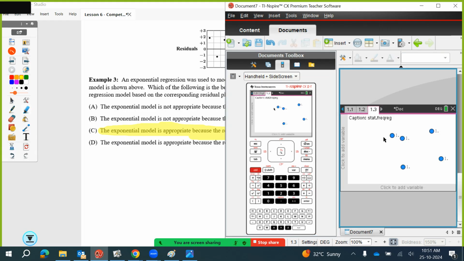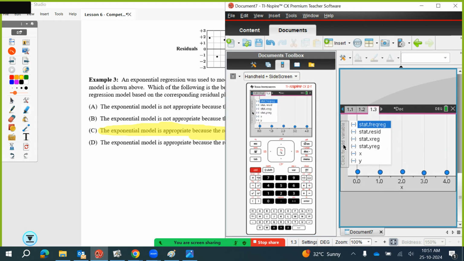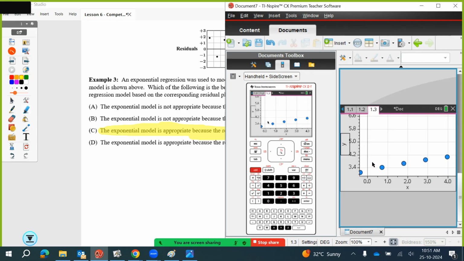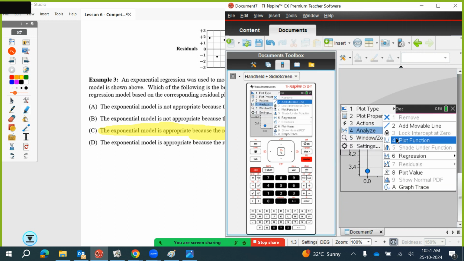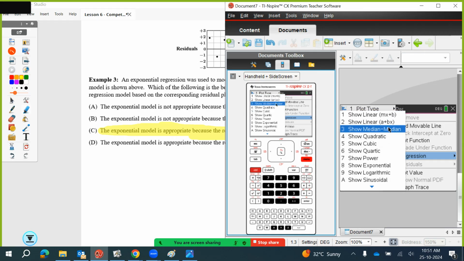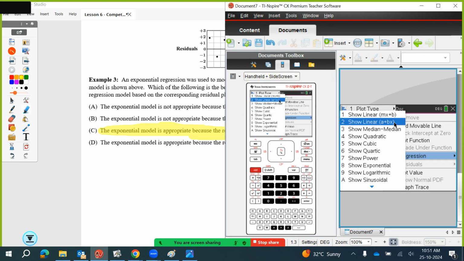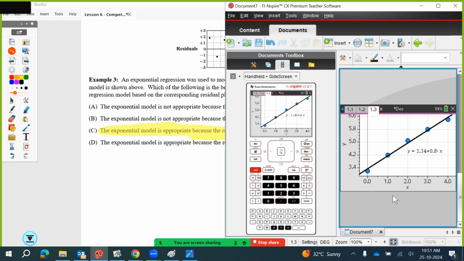If I add the data set, this was X and this was Y. We had our data looking like this. We were told that this one was linear, so I'll put a linear regression through it. Let's put a linear line through it, show linear in that format. There we go. There's the linear model.